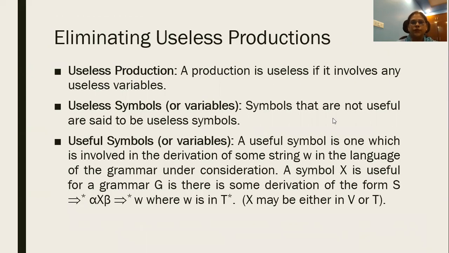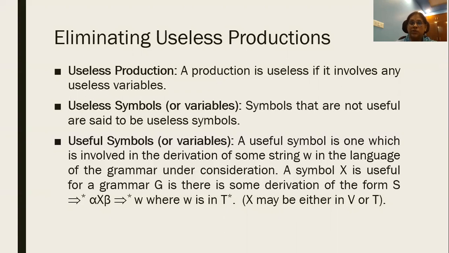So, coming to the first type of elimination, eliminating useless productions. What are useless productions? Obviously, useless productions are ones that involve use of any useless variable. So then the next question is, what is a useless variable?